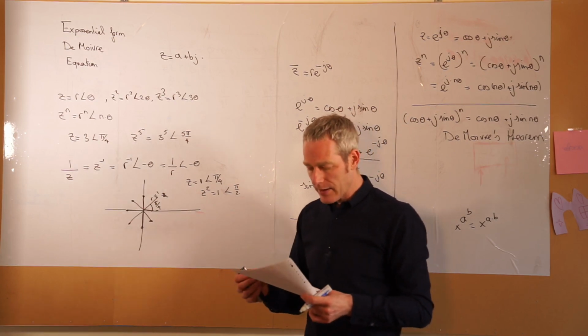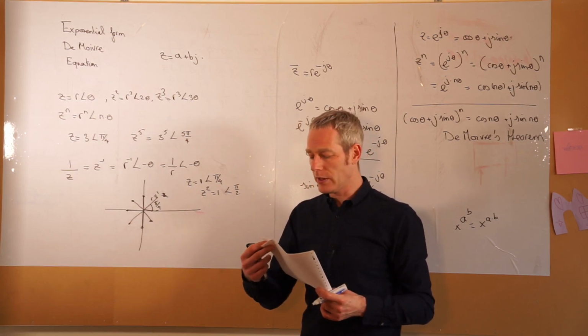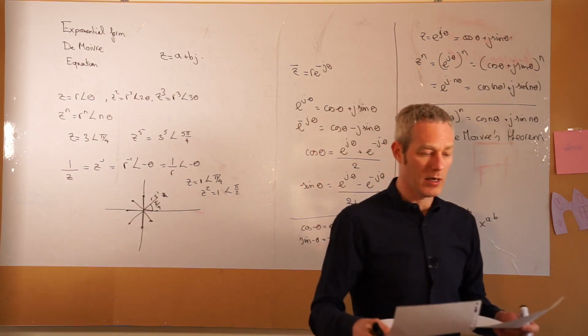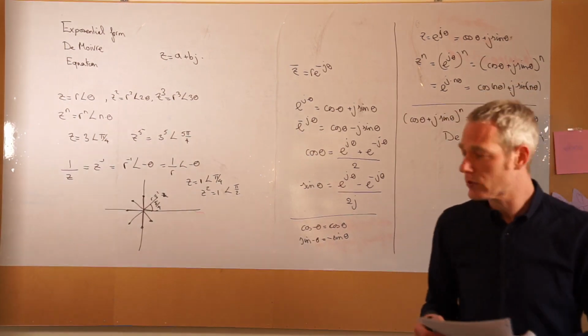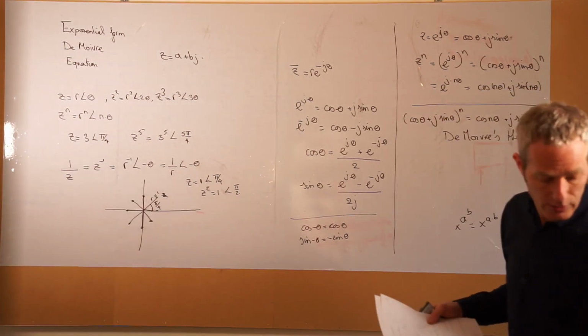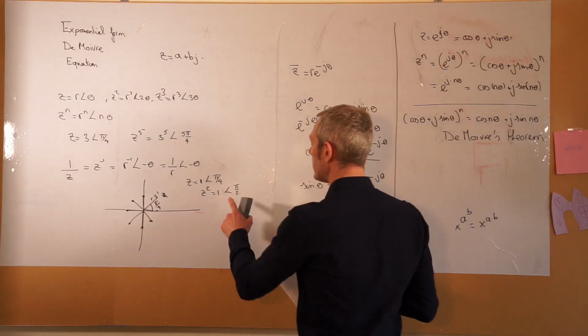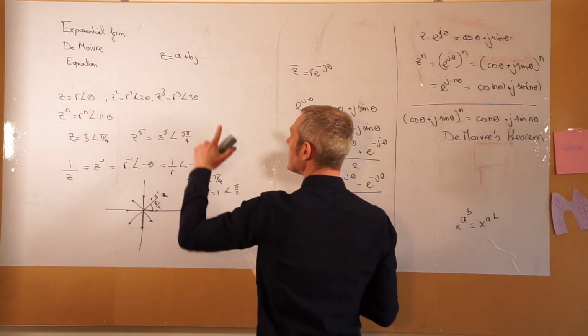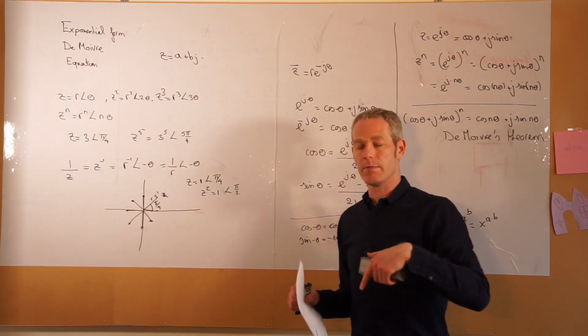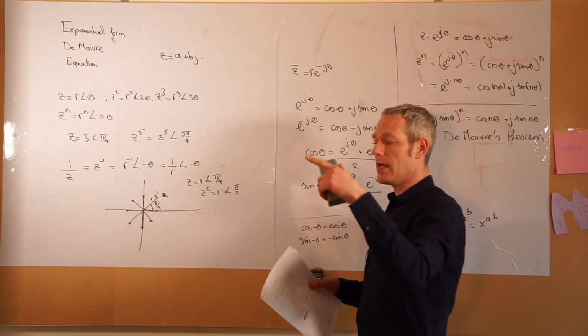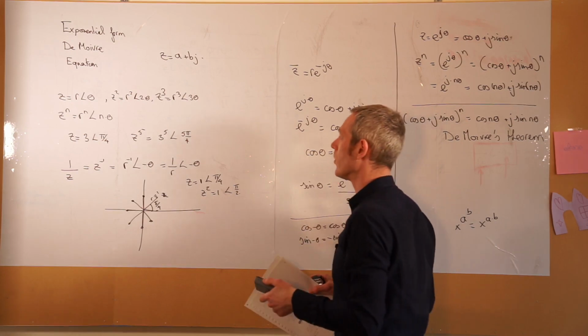But this is key to what we will be doing now for solving equations and finding roots of complex numbers. So what I've illustrated here is that when you take the power of a complex number, the argument starts rotating.